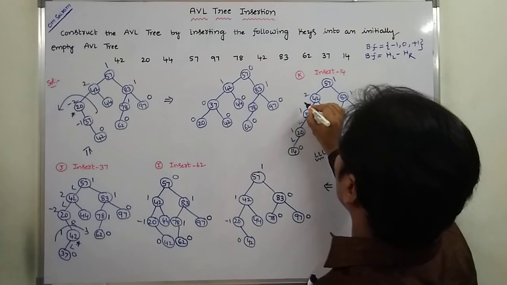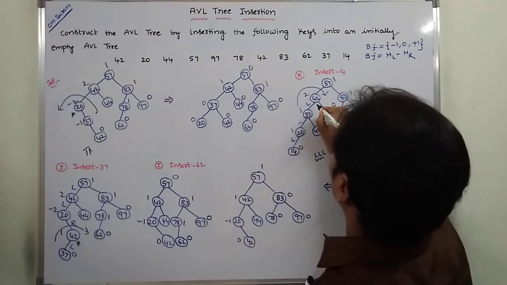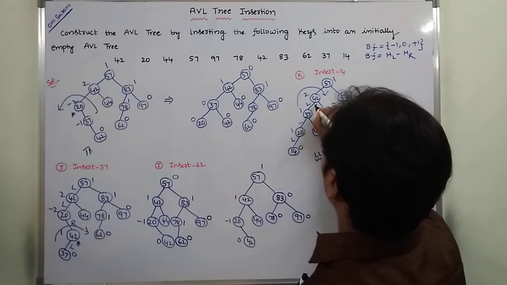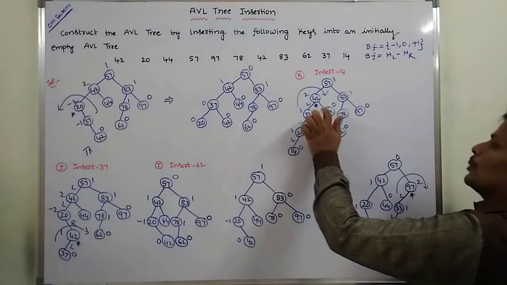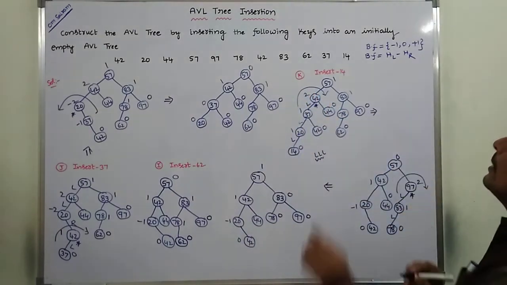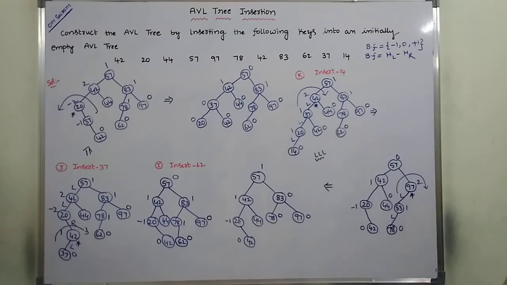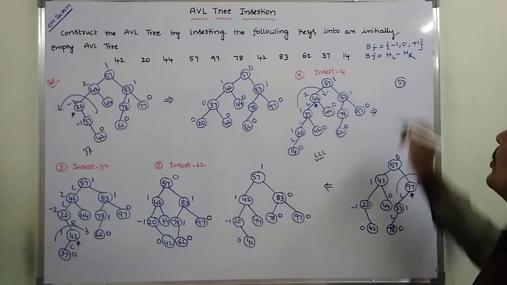So LL rotation, we have to rotate right side with respect to the element 42, because at 42 the balance factor we are getting is 2. So after performing a right rotation, 57 is the root node.